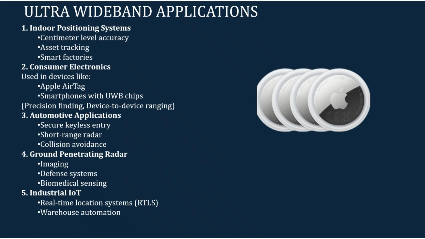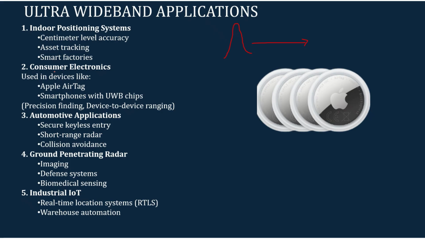Let's see some of the applications of ultra-wideband antennas, because we have seen that we are using the narrow pulse. It can be used for detecting the range of other objects. It has lots of applications, and some of them are indoor positioning systems. It can have centimeter-level accuracy to detect an object, and it can also be used for asset tracking and smart factories.